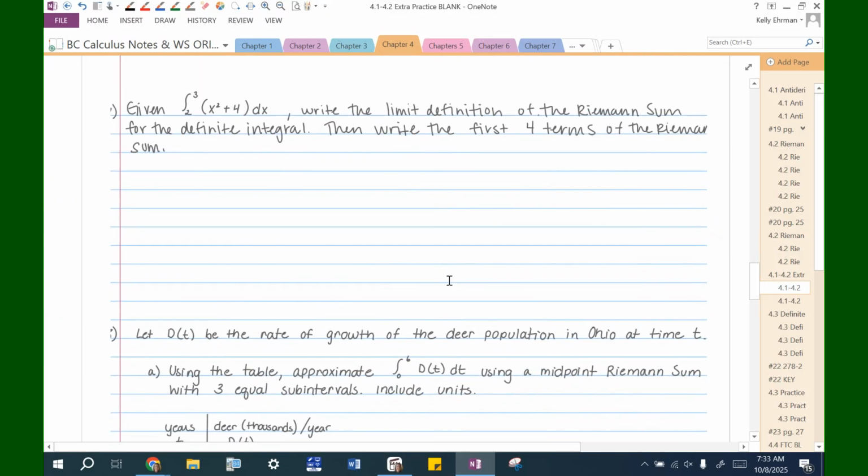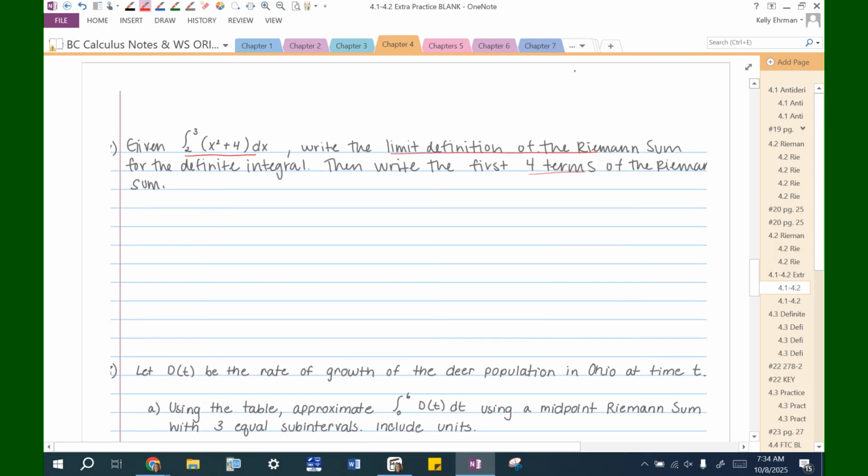All right, now let's get into that limit definition of Riemann sums. So given this integral, write the limit definition of the Riemann sum, and then write the first 4 terms. So remember, for this, in general, this integral is equal to the limit as n approaches infinity of the sum from i equals 1 to n of delta x times f of x sub i.